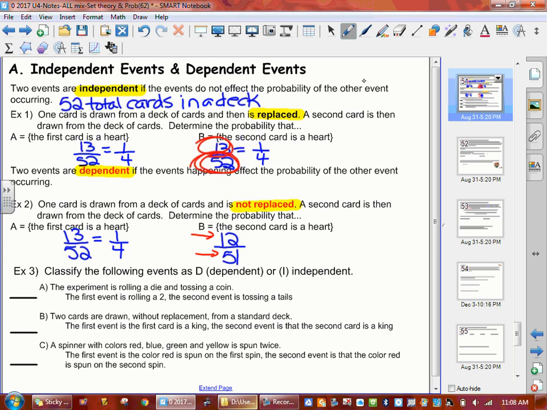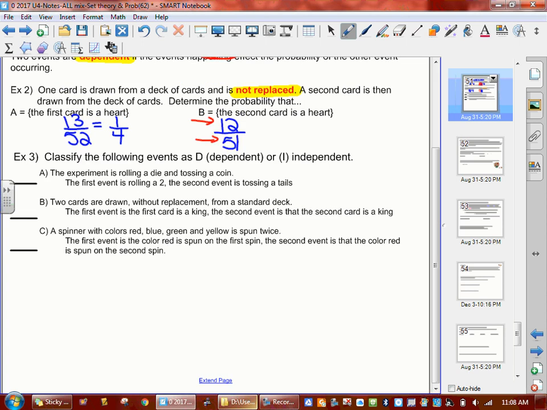No, only one of them has to reduce to be considered a dependent event. Let's take a look at the next ones. Not replace, not putting something back, affects the totals. It affects the total amounts. And whenever the total amounts are affected, that's when we have a dependent event.